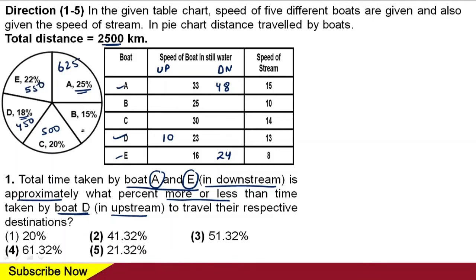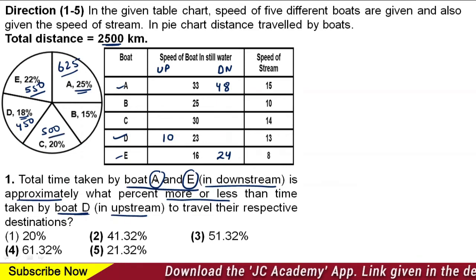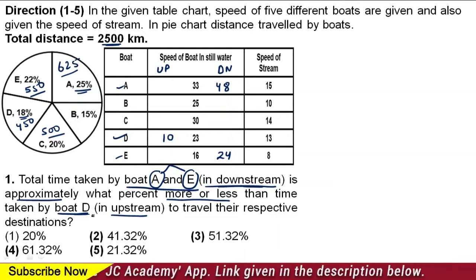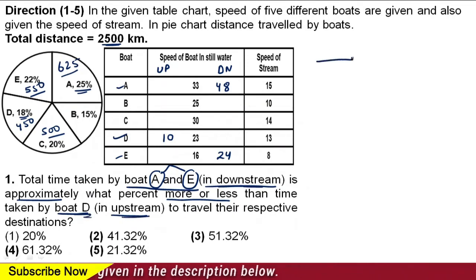But I tell you one thing, it is not required at all for us to calculate these distances. I'll explain how, so please pay attention. If I am asked about the comparison for both A and E going downstream with respect to D going upstream, the comparison can also be taken as a ratio.